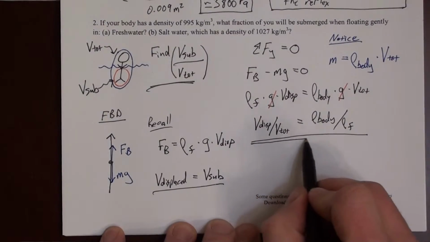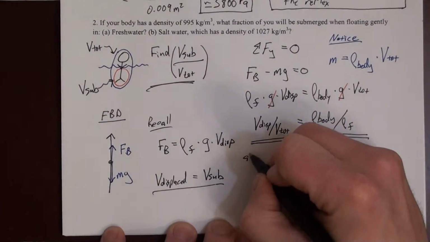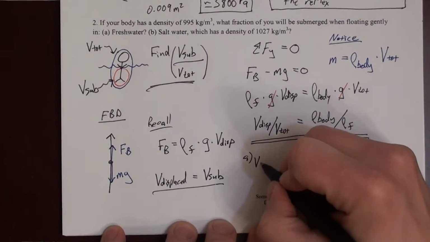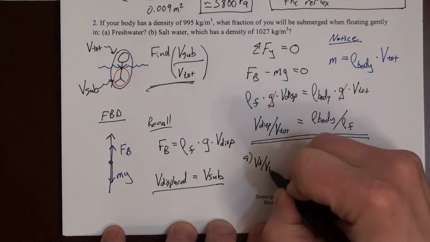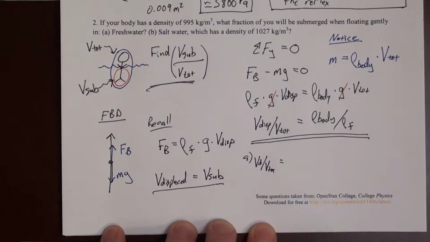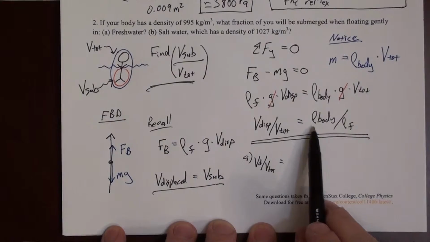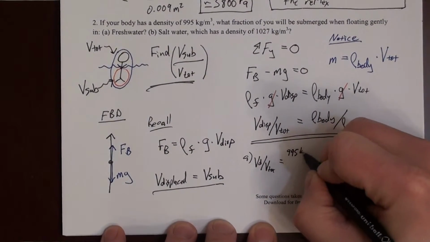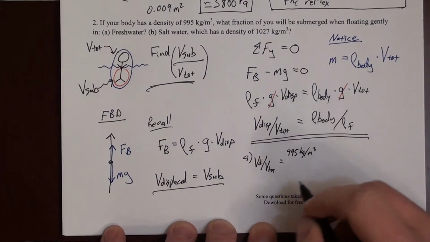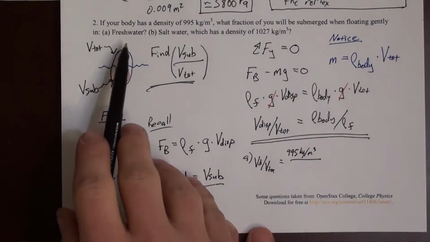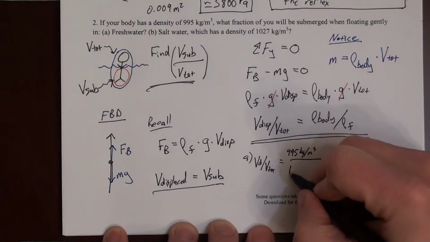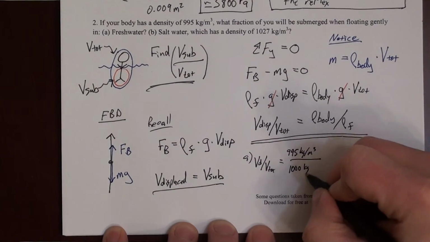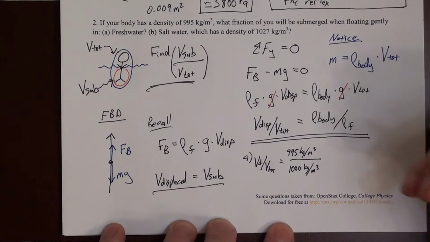Let me highlight that a little further. So for part A, V displaced over V total is, again, rho body over rho fluid, so it's 995 kilograms per cubic meter divided by the density of fresh water, which is 1,000 kilograms per cubic meter.